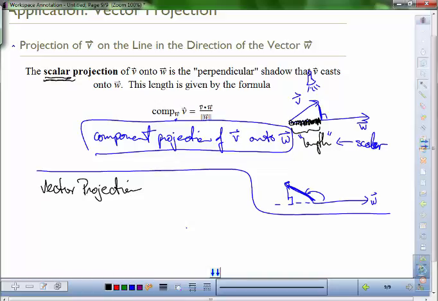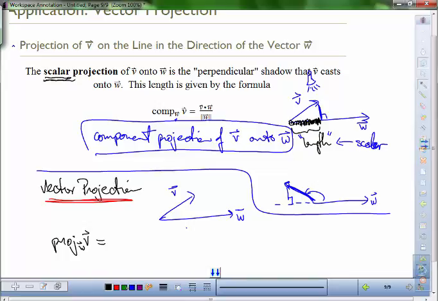So in this vector projection case, we denote this as proj, as in projection of V onto W. Notice how I said that in the order of V first and then onto W. W is the subscript.